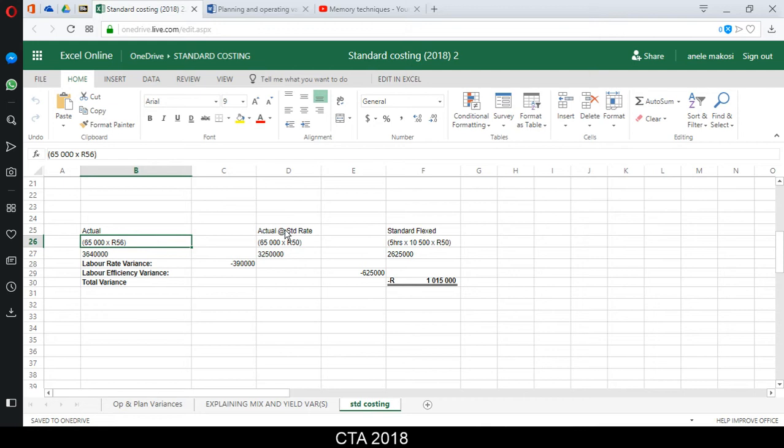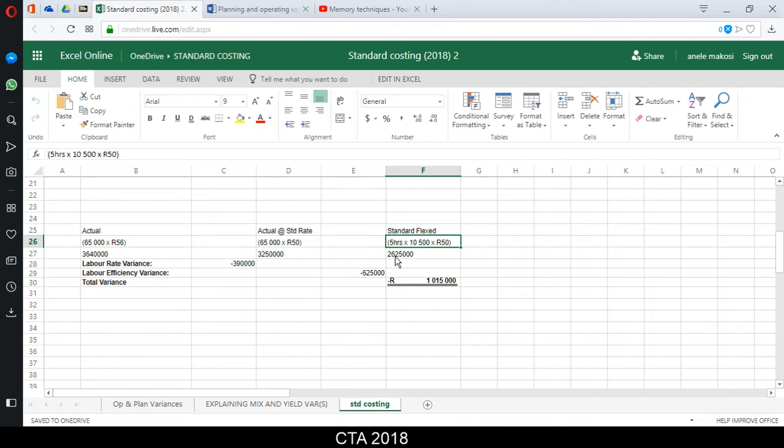The actual hours at standard rate is the actual hours of 65,000 multiplied by 50 rand per hour, which is the standard rate. And the standard flexed is the 5 hours per unit, which is the standard efficiency, multiplied by 10,500 units, the actual units produced. So we get our flexed hours, and then multiply by the standard rate of 50.